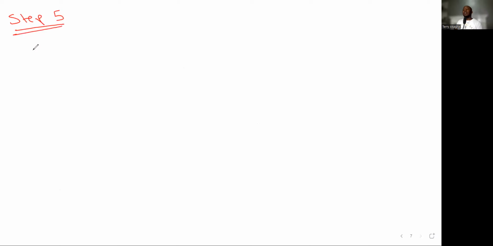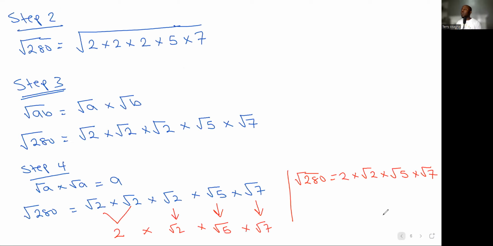So we'll go to step 5 now. We're going to multiply. So square root of 280 is going to be equal to, sorry, 2 times root 2 times root 5 times root 7. So it's going to give us 2 times root 2 times root 5 times what? Root 7. So 2 times 5 times root 7 will give us root 70. So root 280 is going to give us 2 root 70.